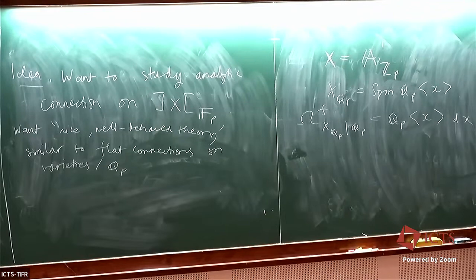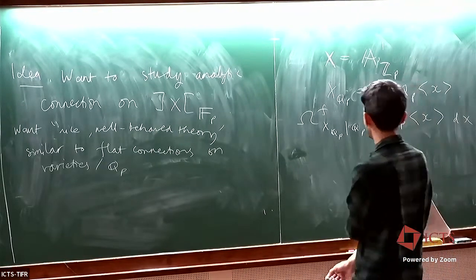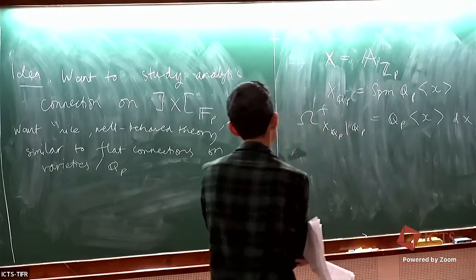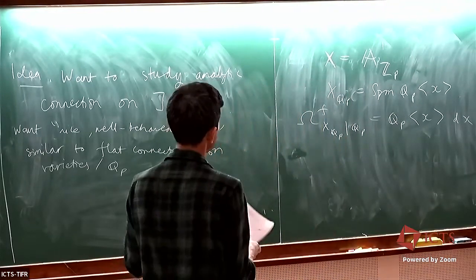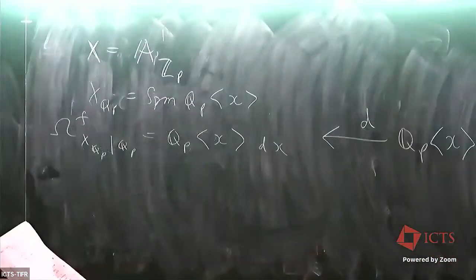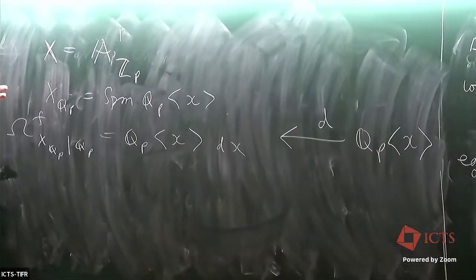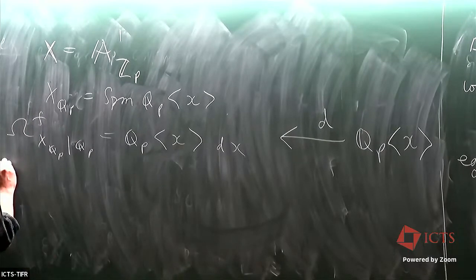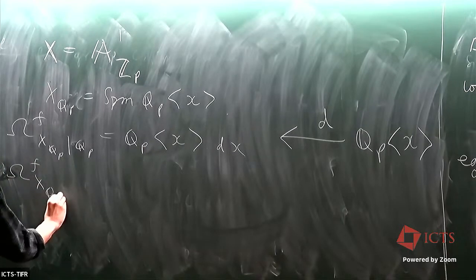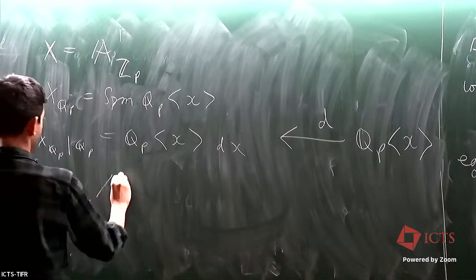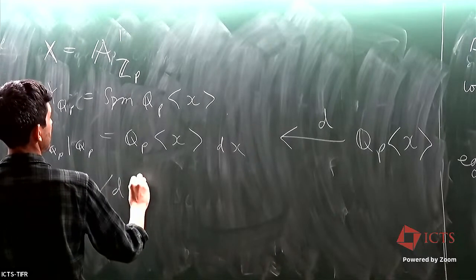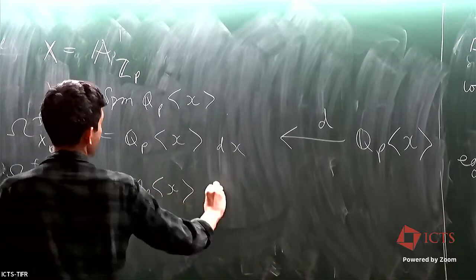Well, just like in the case of curves algebraically, if we were to study naively analytic connections on the tube of X_{F_p}, just by copying and pasting all our definitions from before, then we'd get the property that Omega^1 modulo d of Q_p of x is infinite dimensional.